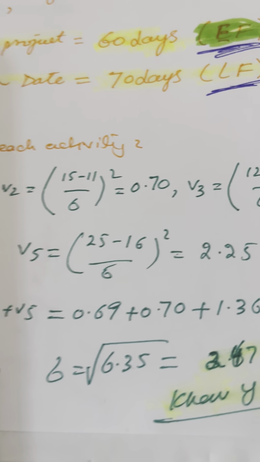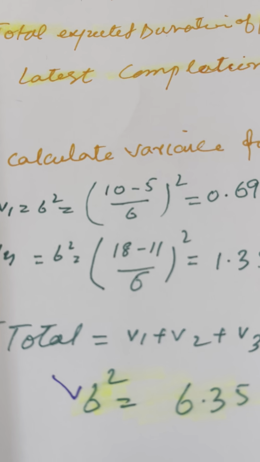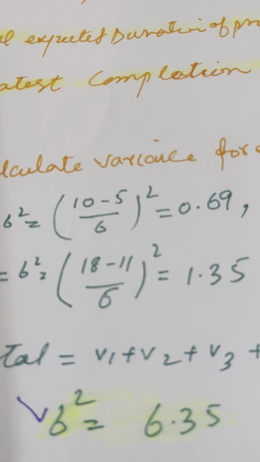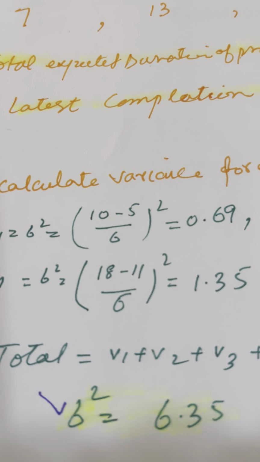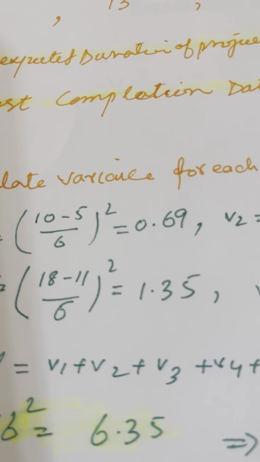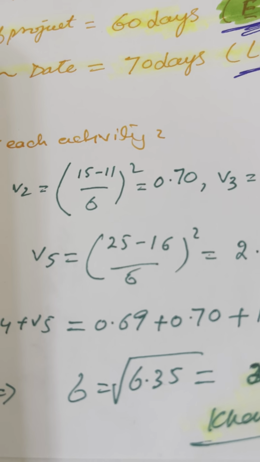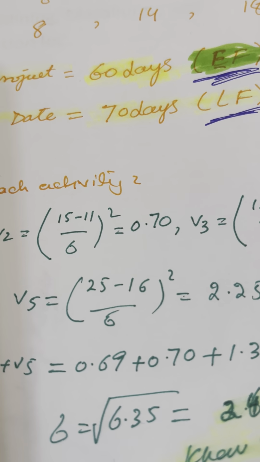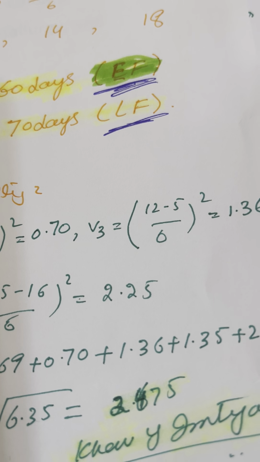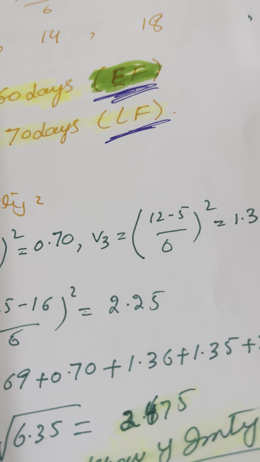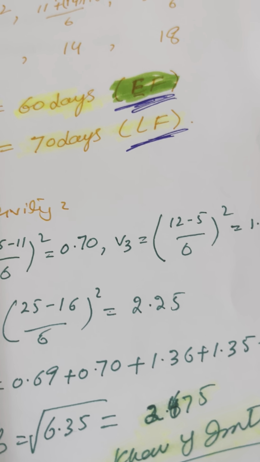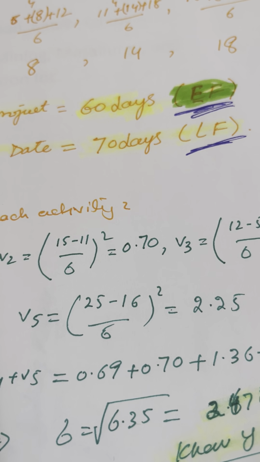In mathematics, when you take the square root on one side, you get sigma from the variance. So this is the standard deviation. Sigma is equal to 2.575, or almost 2.56, but I sometimes took 3.